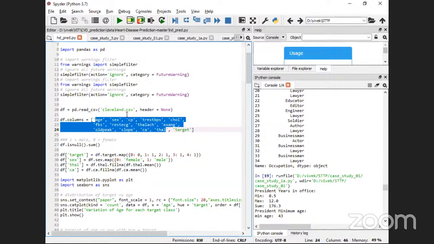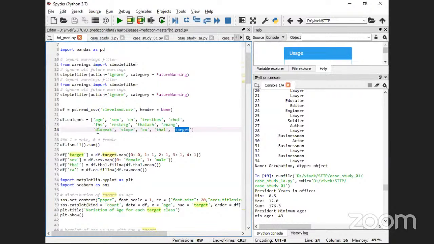So these are different parameters used for this analysis. Those 76 attributes are available, but 14 attributes have been taken for study by many researchers. That's why in this case also it is only with 13 attributes. And the last attribute is the target attribute, and that target attribute refers to the class label, right?